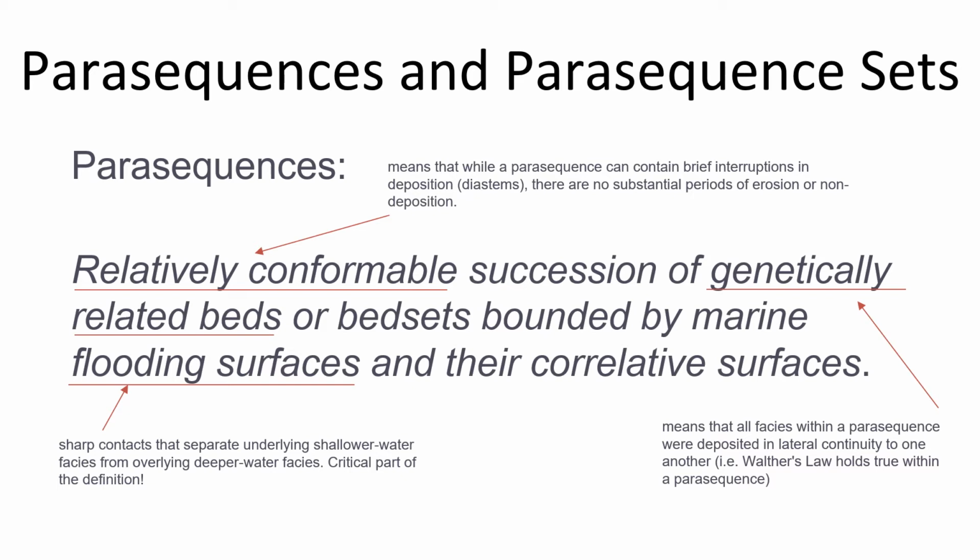That's going to be a really sharp contact. That's going to indicate a separation from your shallow water facies below and your deeper water facies above. This is the really important part of the definition of a parasequence, the presence of a marine flooding surface. It indicates that you have a significant separation, a contact, between shallow water and deep water facies.